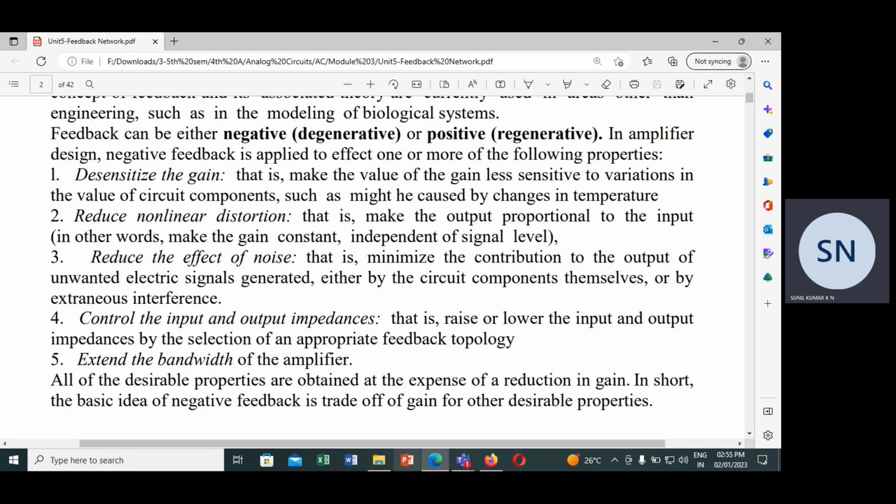Any amplifier will have certain ideal characteristics. That is what I am asking: the ideal characteristics of an op-amp.